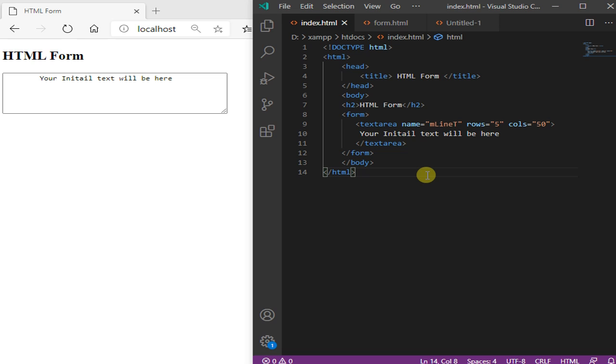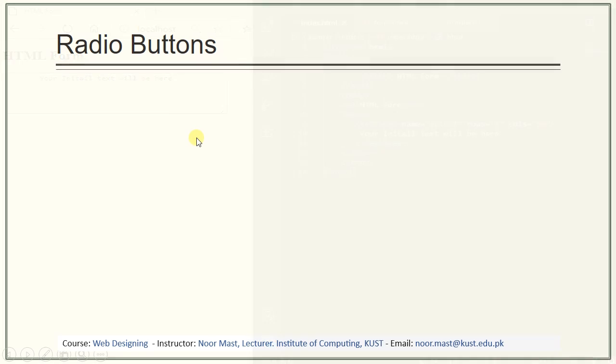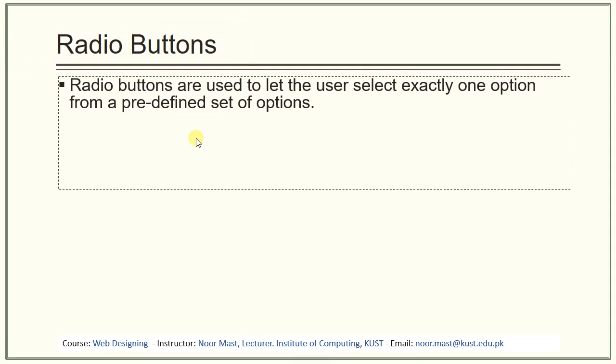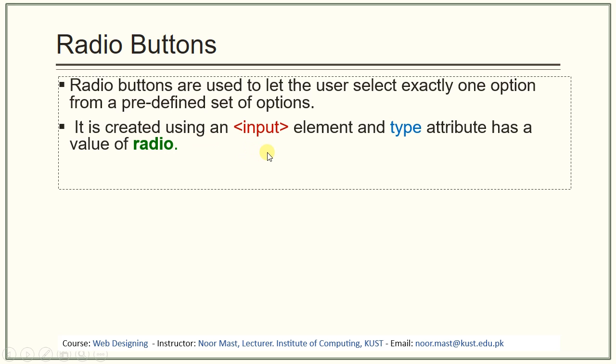Now let's come to study radio button. The radio buttons allow to make only one choice from a set of predefined options. It is created with input elements where the value of type attribute will be radio.